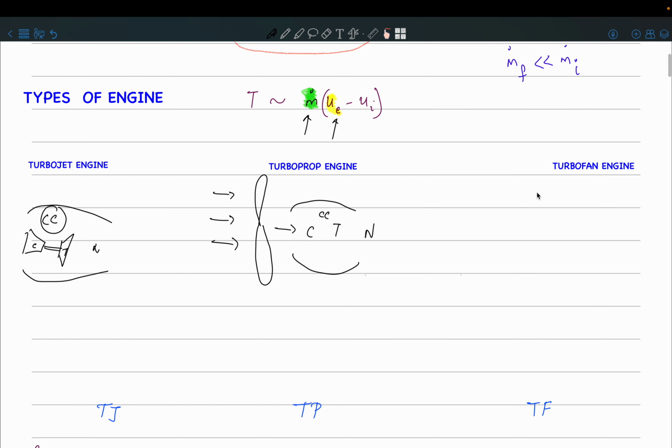Okay, so the next option is the turbofan engine. So the turbofan engine is somewhere between turbojet and turboprop. It increases both m dot and the exhaust velocity. So in a turbofan engine, you have a fan sitting inside. It is always placed inside this diffuser inlet, and then that is connected to a low pressure turbine. So this is a low pressure turbine which will run the fan, and there is also a high pressure turbine.